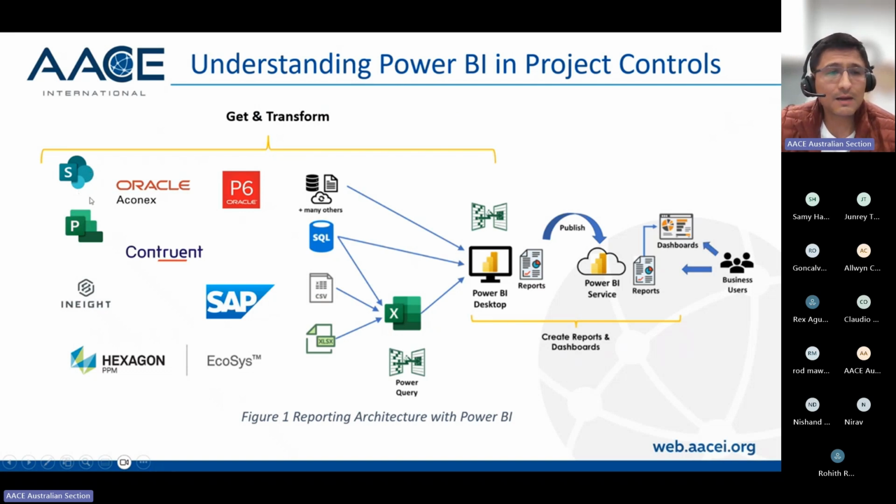We'll get data from SharePoint, Microsoft Project, P6. We'll get it from Aconex. We'll get SAP data for actual cost or transactions. Sometimes we'll get data from more sophisticated tools like Cognitran, which is project controls software that can sometimes consume data from other sources such as P6 and SAP.